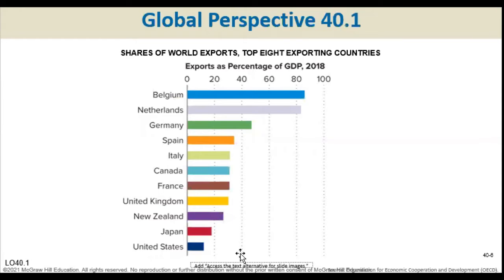This global perspective illustrates the largest export nations in the world as of 2018.